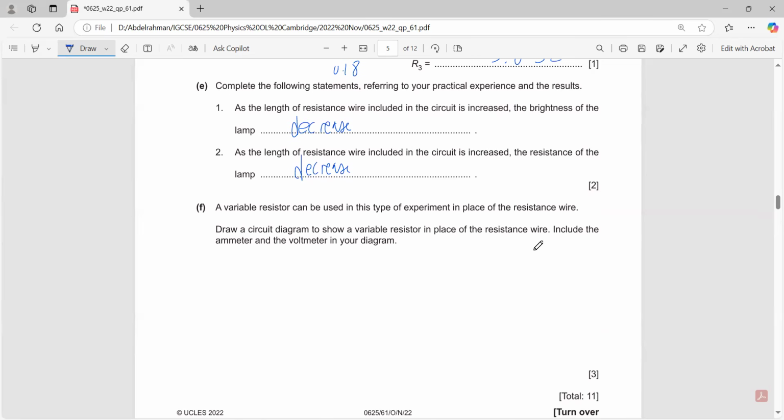A variable resistor can be used in this type of experiment. Draw the circuit diagram to show a variable resistor. Include the ammeter and voltmeter. Can I draw the whole diagram again? But instead of drawing this sliding contact, can I draw the variable resistor? Yes, include the ammeter and the voltmeter.